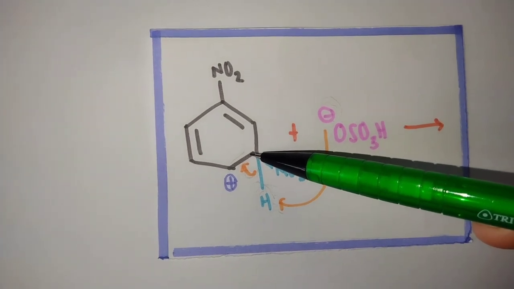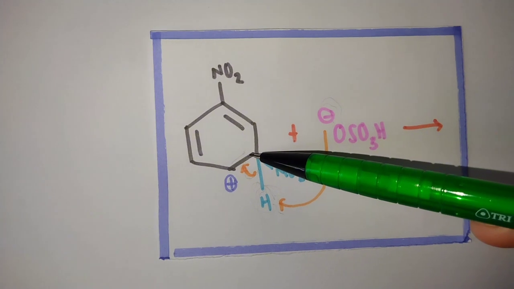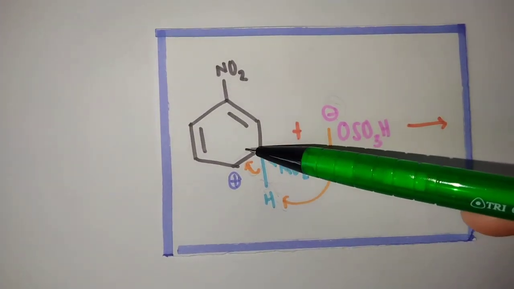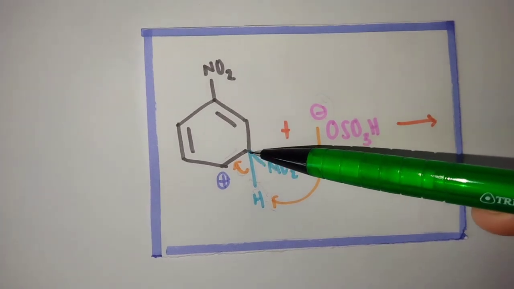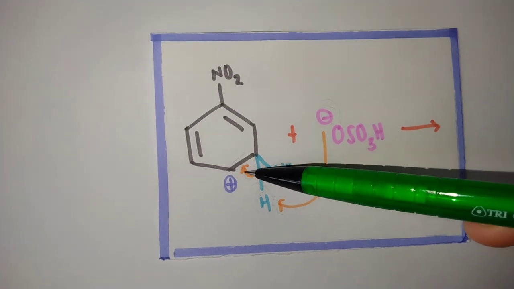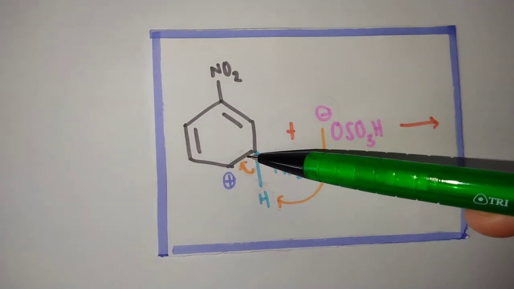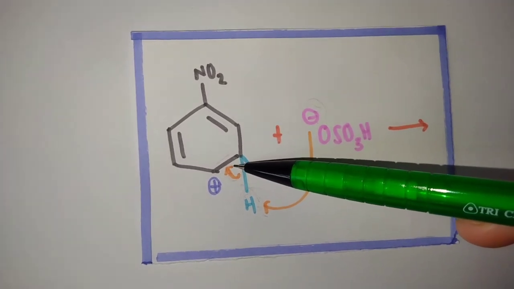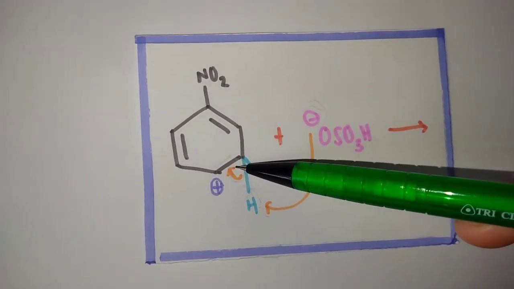This step involves donating electrons from the C-H bond to the positively charged carbon atom. It means that from here it will donate electrons to the carbon here, and it will form a pi bond, just like what I told you just now.